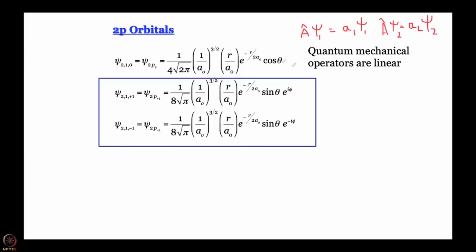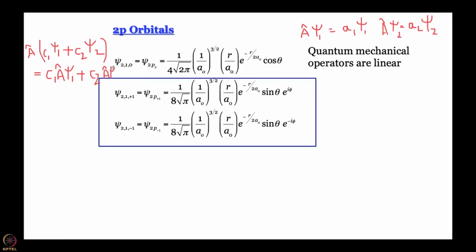Sorry for my childish handwriting. So, what I mean is that suppose A hat operates on C1 psi 1 plus C2 psi 2, then I get C1 A hat psi 1 plus C2 A hat psi 2.